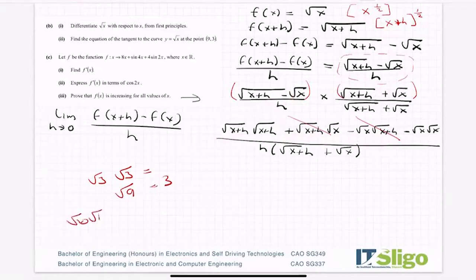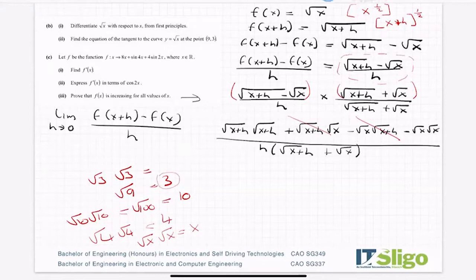Root 10 by root 10 is the same as root 100, which is 10. Root 4 by root 4 is 4. Root x by root x is x. So there's a property there that when you multiply the square root of a number by itself, you get the number without the square root sign around it.